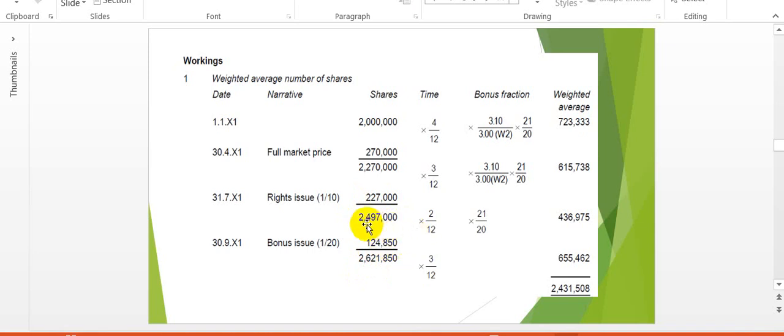You add this to the 2,497,000, you get 2,621,850 shares, which we had for 3 months, October, November, December. So we've done our 12 months. So you want to ensure that when you add the numerators, the 4 plus 3 plus 2 plus 3, you get 12 months.